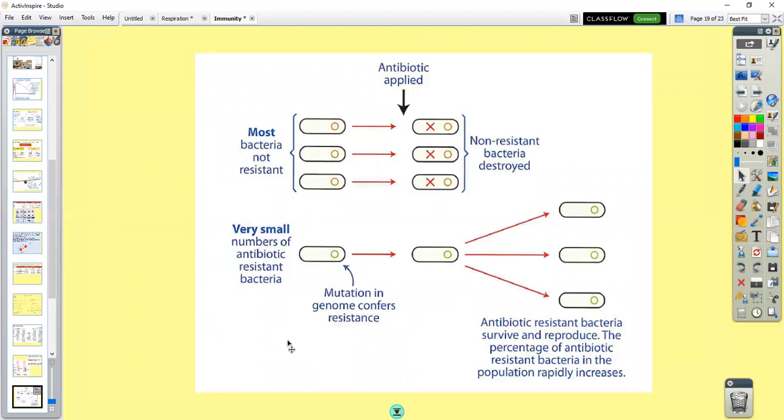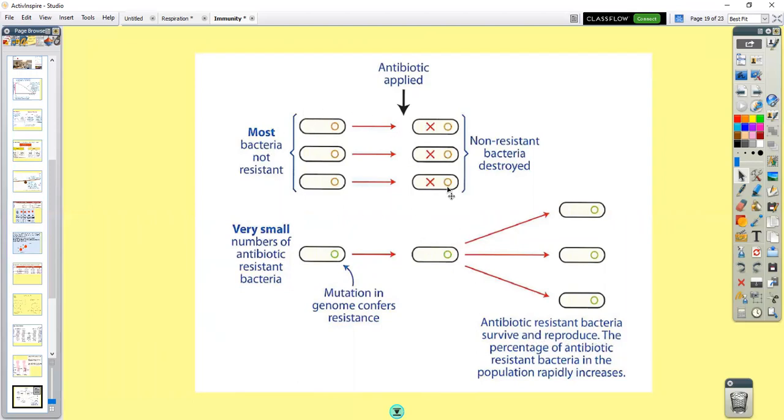Okay, and antibiotics really are there to kill off bacteria, as we know, and they either break or disrupt the cell wall formation, or they can inhibit metabolic processes within the bacteria, including protein synthesis, which stops the bacteria multiplying. Okay. Unfortunately, some bacteria develop resistance to these antibiotics, and that can lead to antibiotic-resistant bacteria.